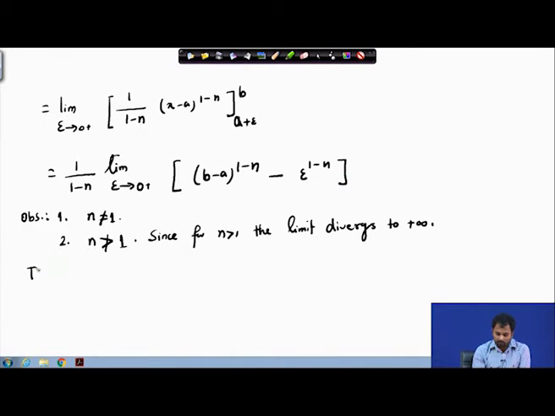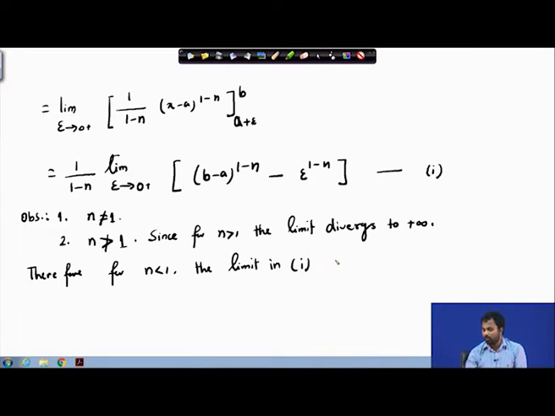So, we can write therefore, for n less than 1, let us call this equation 1, the limit in equation 1 exists.